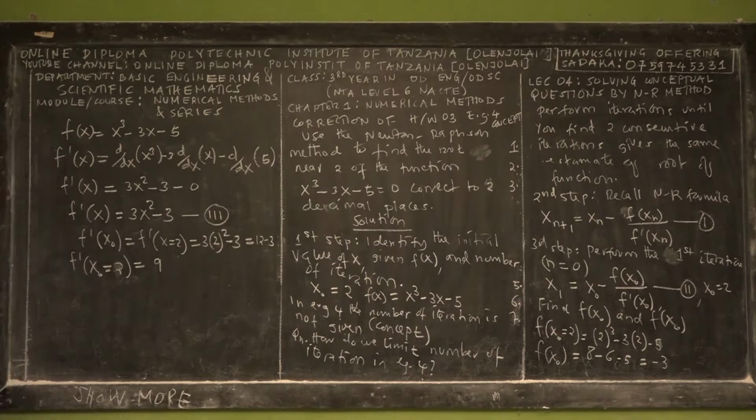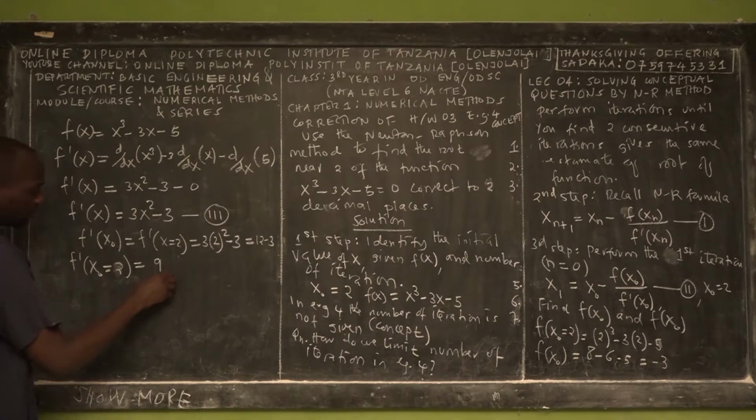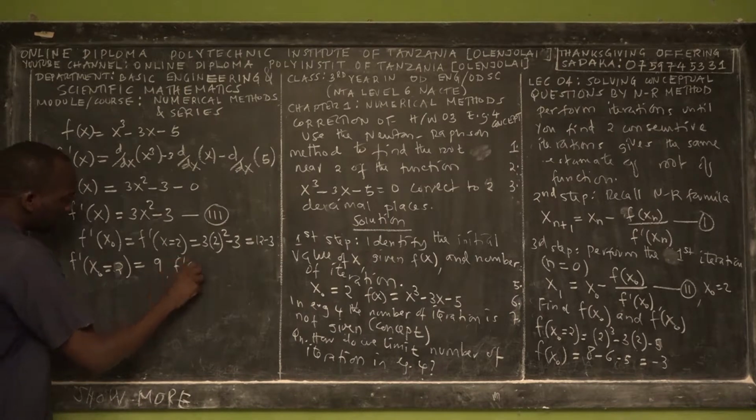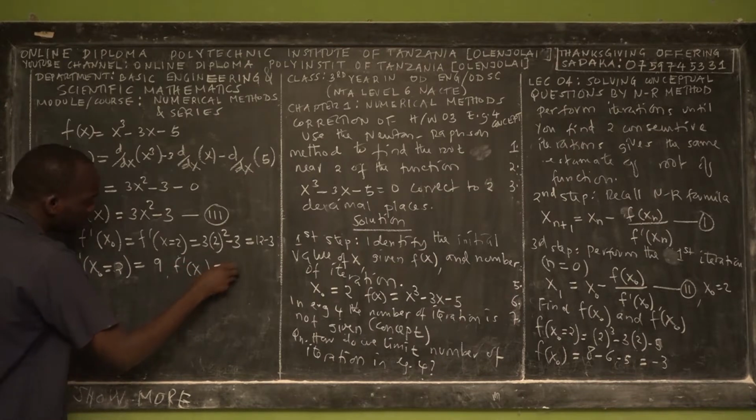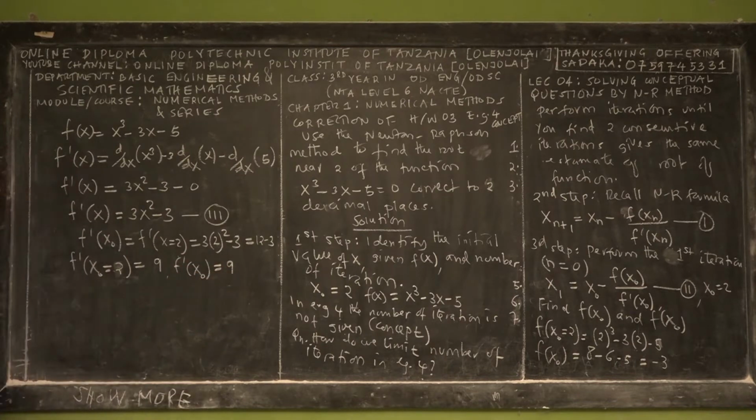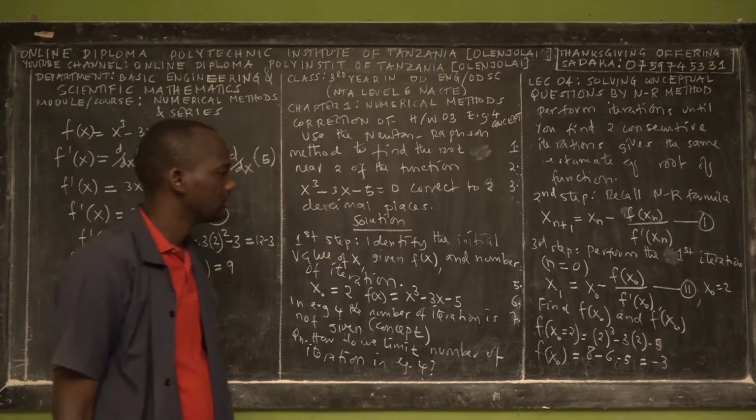So f dash of x0, with x0 equal to 2, is 12 minus 3, which is 9. So f dash of x0 is equal to 9.